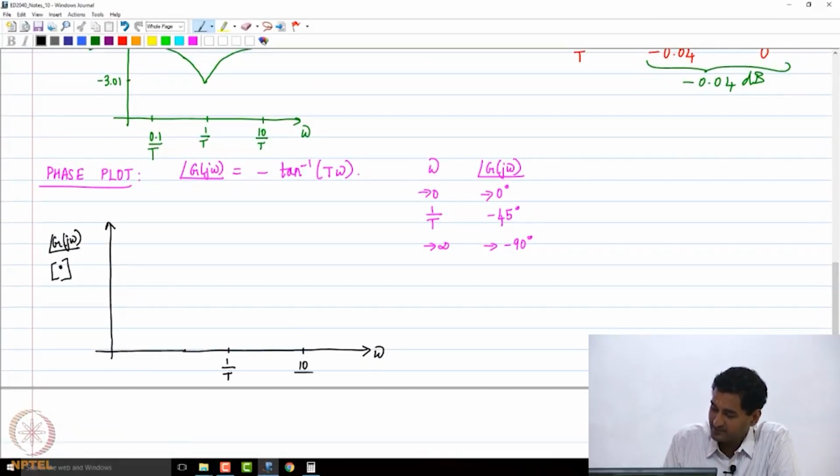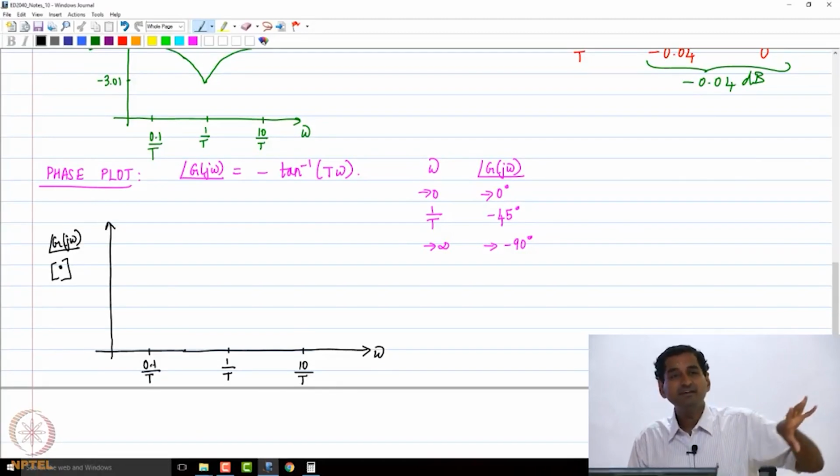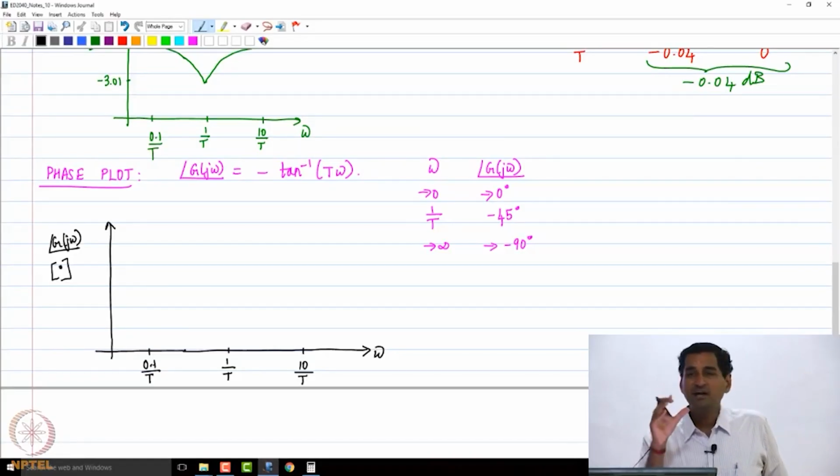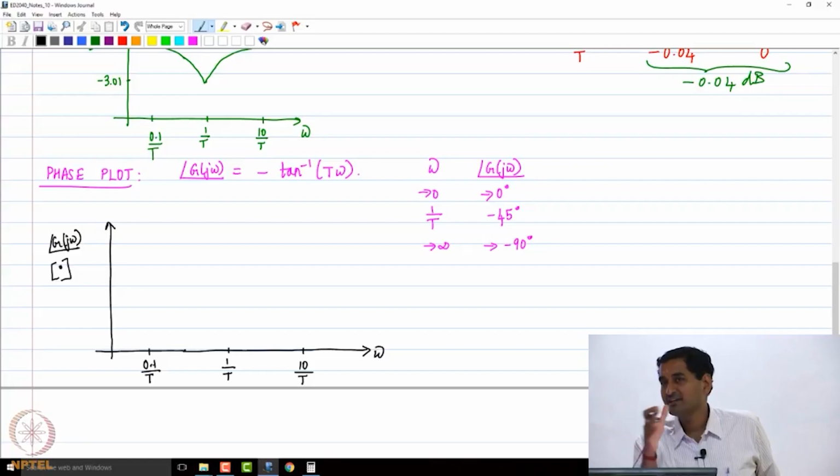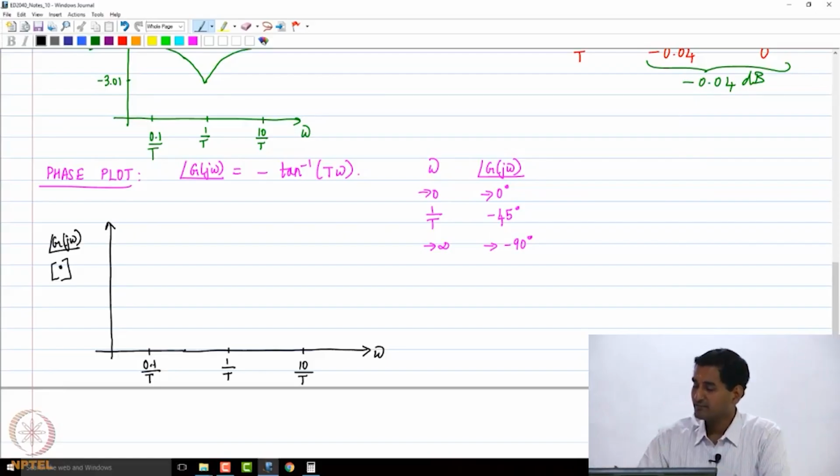Let's say I take 10 by capital T and 0.1 by capital T. Typically, in most Bode plots, we plot around the frequency range of interest, and by and large you choose a frequency range and go 1 or 2 decades either side. That covers a pretty broad range. That's why I am taking 1 decade above and 1 decade below a particular frequency.